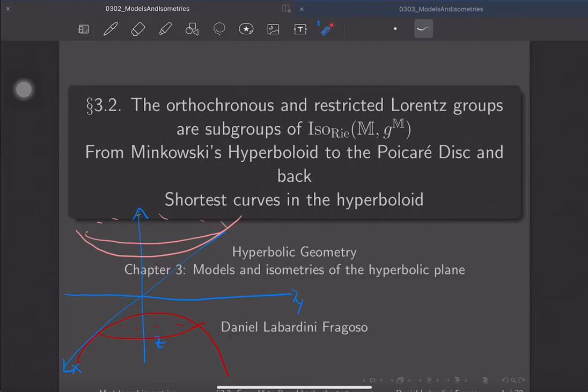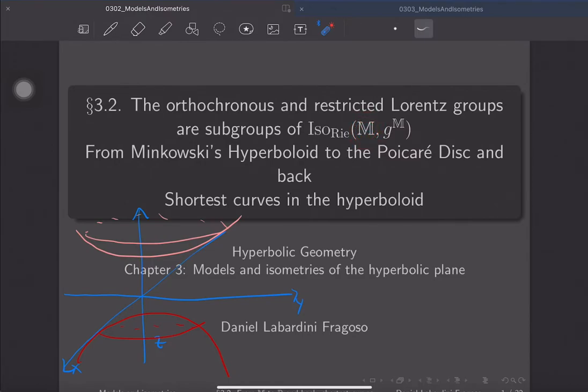Last time we spoke about a couple of groups that are subgroups of the Lorentz group, defined by the property of preserving M bijectively, the upper sheet of the hyperboloid.